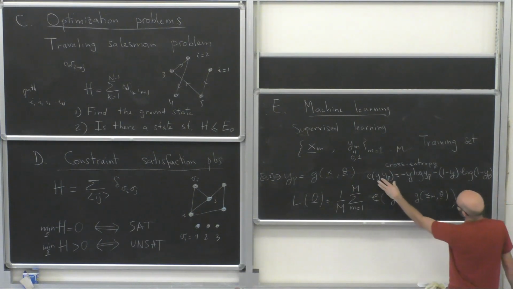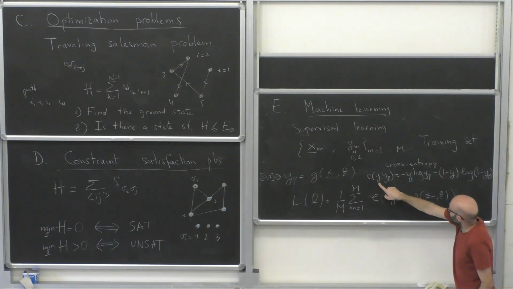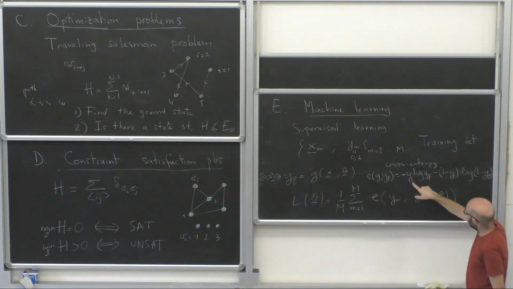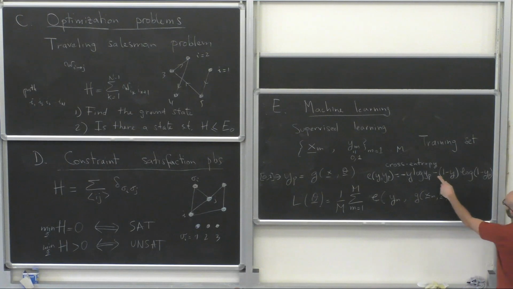If the true label is 0, then when you try to minimize this function, you have minus log of 1 minus y, so you want y to be as close to 0 as possible. And the other way around.